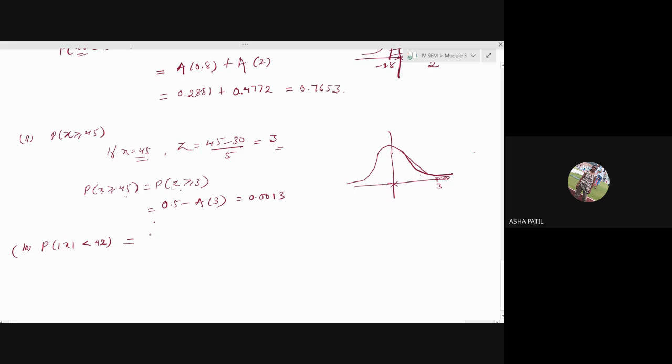Mod X less than 42 means X lies between minus 42 and plus 42, that is, minus 42 less than X less than 42. Now for X equal to minus 42, check your Z value: Z is equal to minus 42 minus 30 divided by 5.